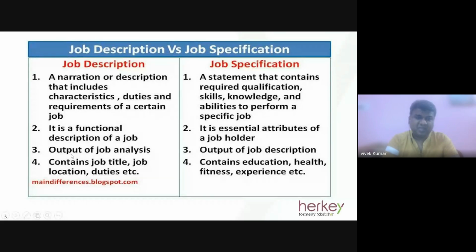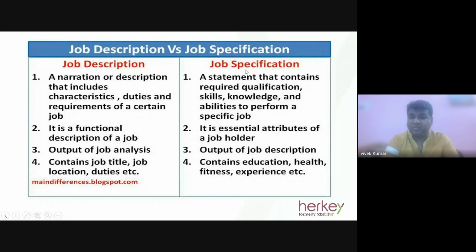Now, how exactly do we come to the job description? Normally, what we do is we go through a process called job analysis. What job analysis allows us to do is clearly identify the functional side of a job, right? So whether it's qualifications, skills, the job roles, responsibilities, and things like that. Okay? While the job specification is more like an output of the job description.